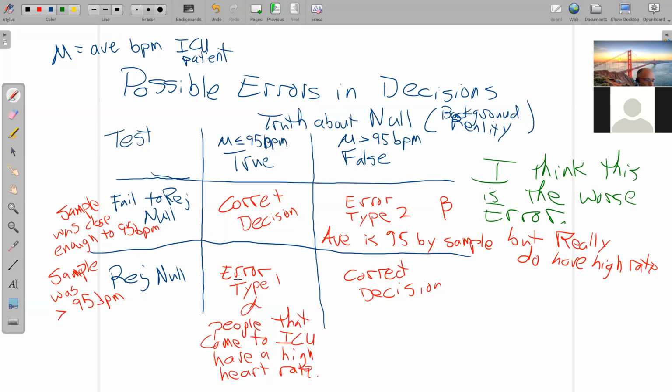Okay. So that's the point of making one of these tables, to try and decide which error is worse. And to do that, you've got to figure out what it means for the null to be true, and what it means for the sample to suggest one thing or the other. And then if we put those two things together, what the sample said and what the truth is, which could lead to you misleading people in a worse way. And again, that's a tough one to figure out.